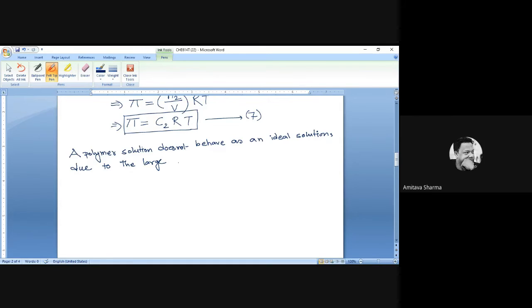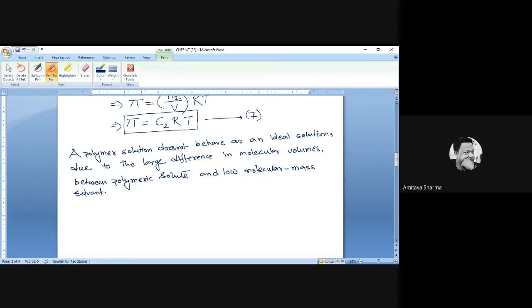So the deviation from ideal solution is due to large difference in molecular volumes between polymeric solute and low molecular mass solvent.